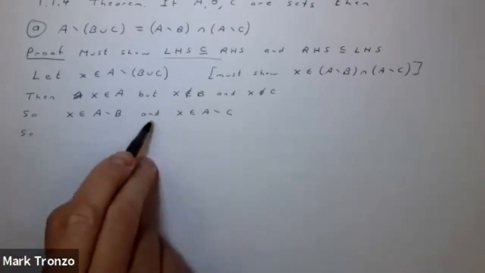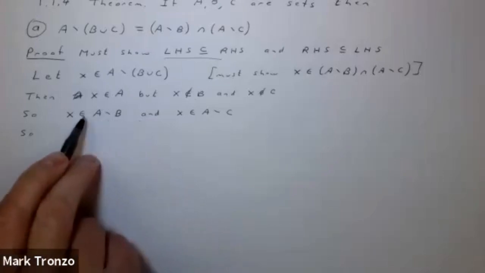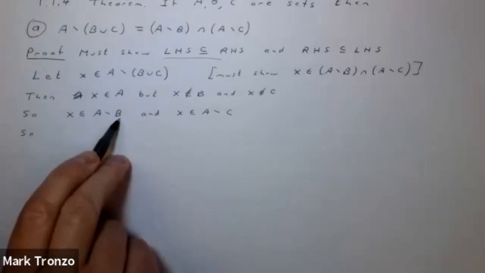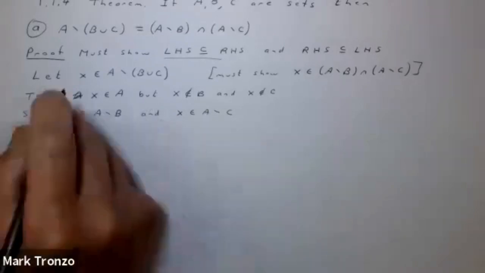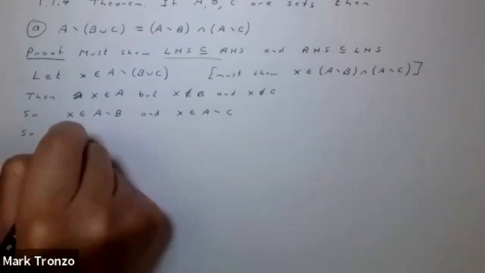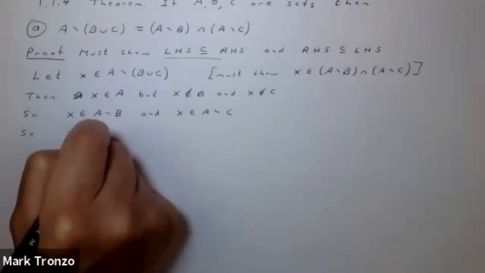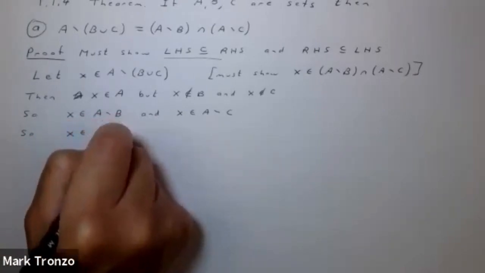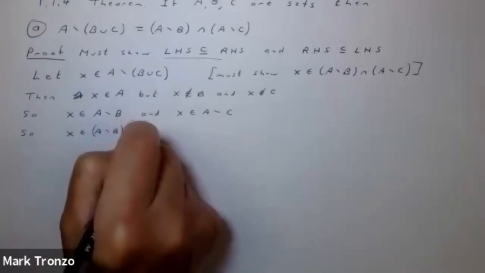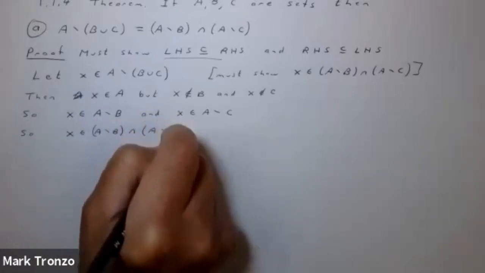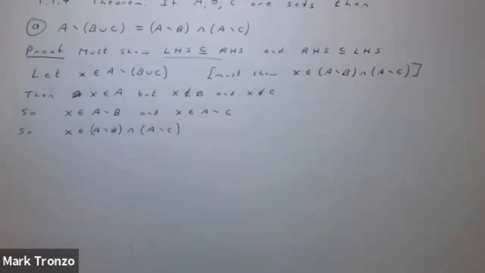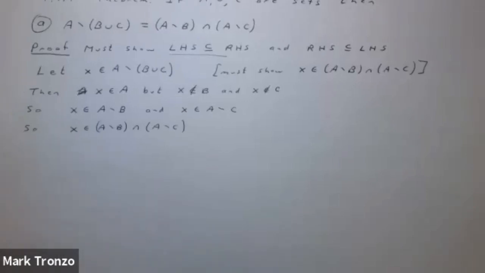The 'and' means intersection. So if x is in this set and x is in this set, that means it's in the intersection. And that's what we were trying to prove.